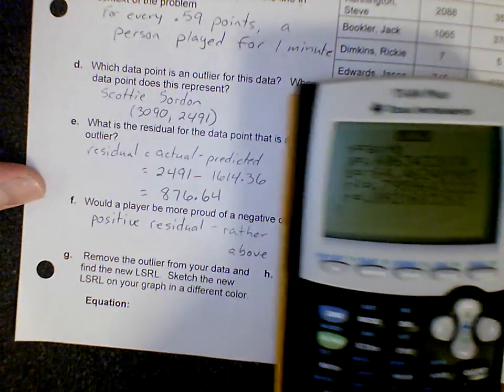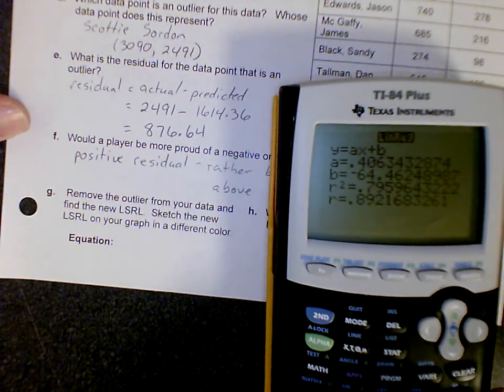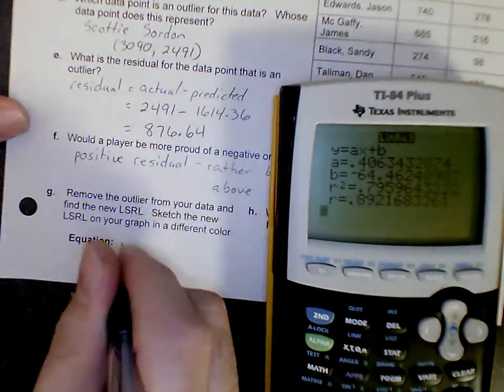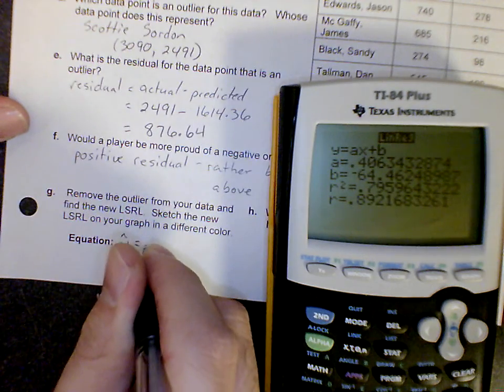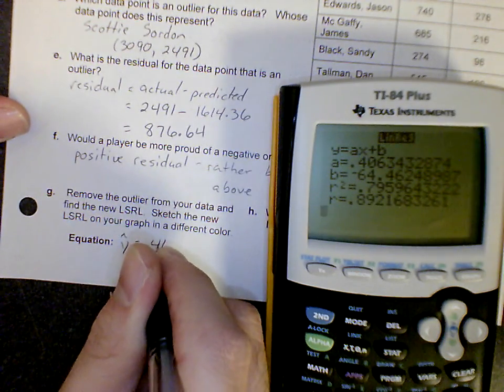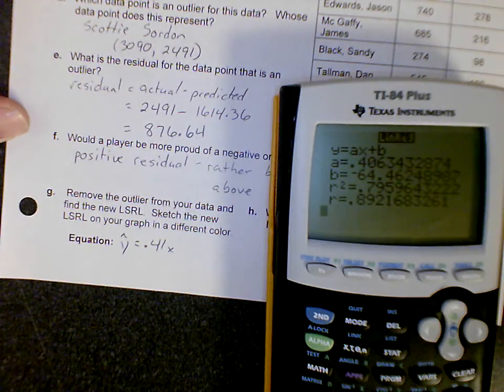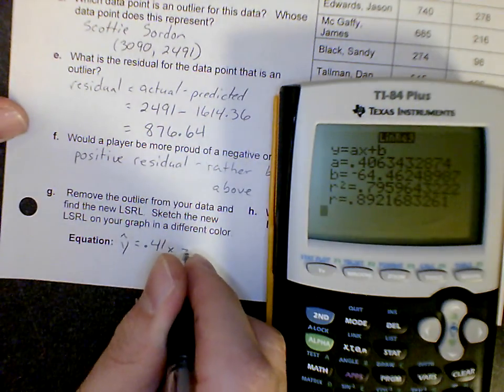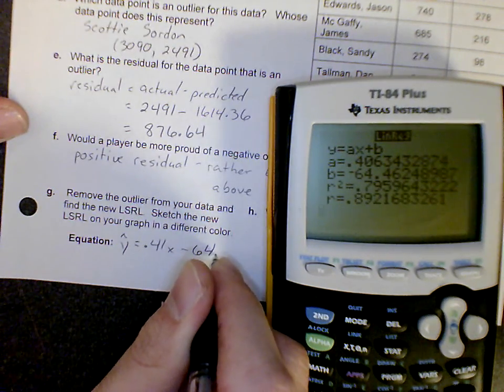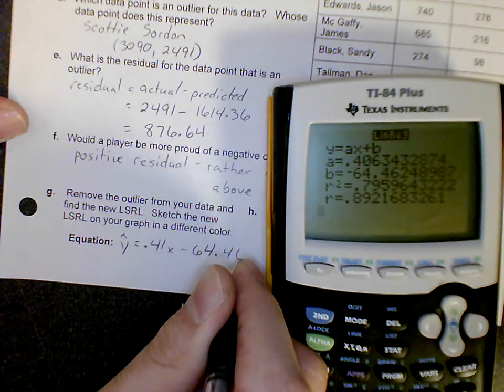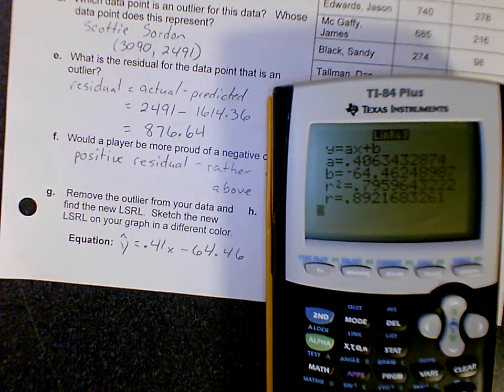That equation is y hat equals 0.41x plus b, which is negative 64.46.